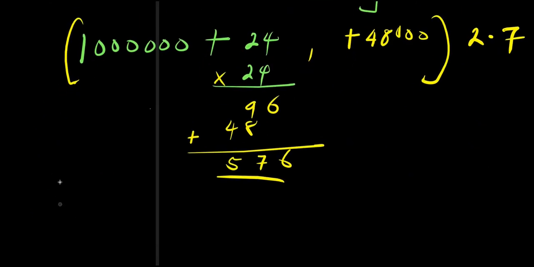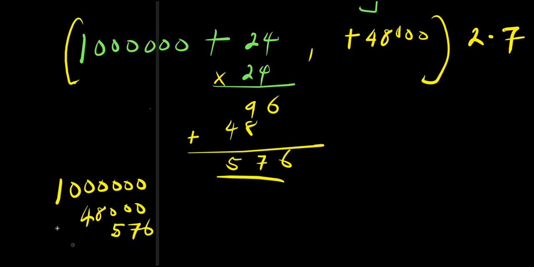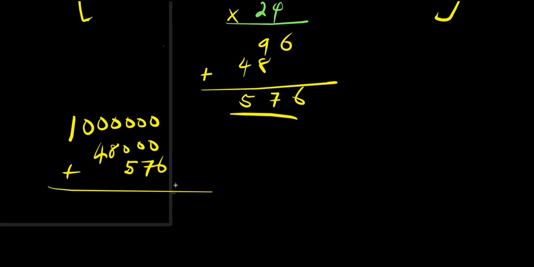So we have 1 million plus 48,000 plus 576. We add up everything. This is 1,048,576. Then times 14.